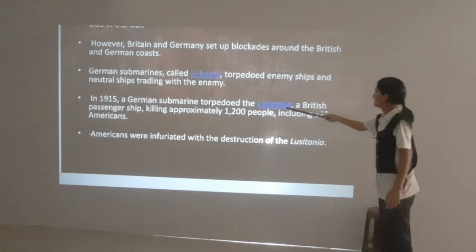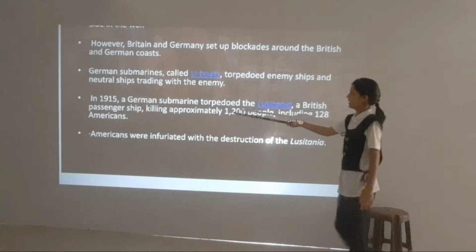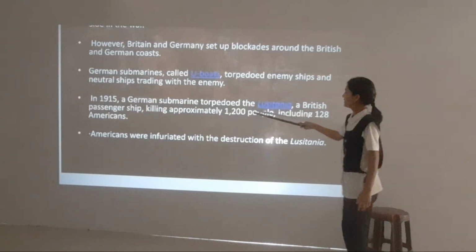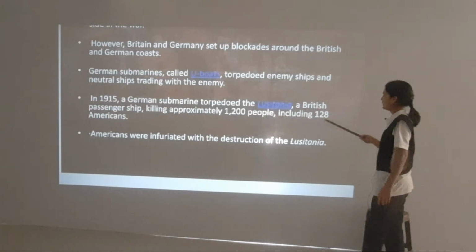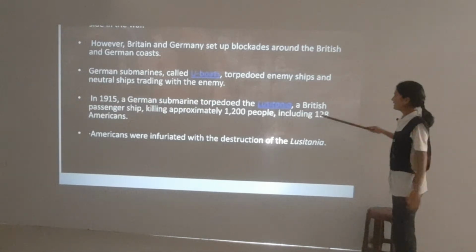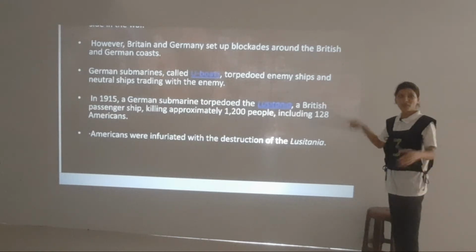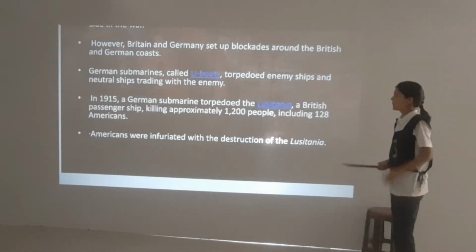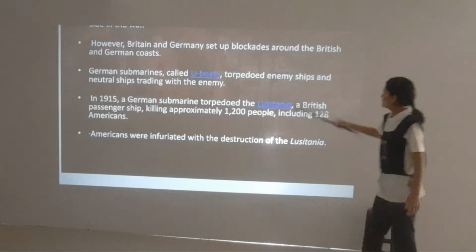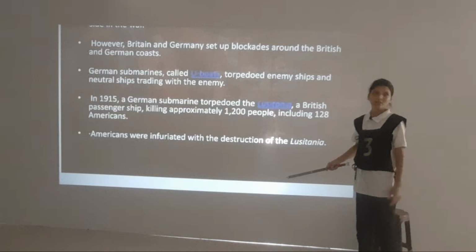It is not clear, but it's the Lusitania, a British passenger ship, killing approximately 1,200 people, including 128 Americans. So the lives that Americans lost were the reason why Americans entered into the World War. As you can see, Germany and Britain were against each other.